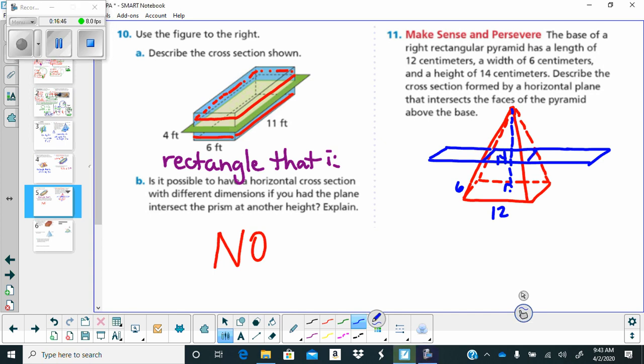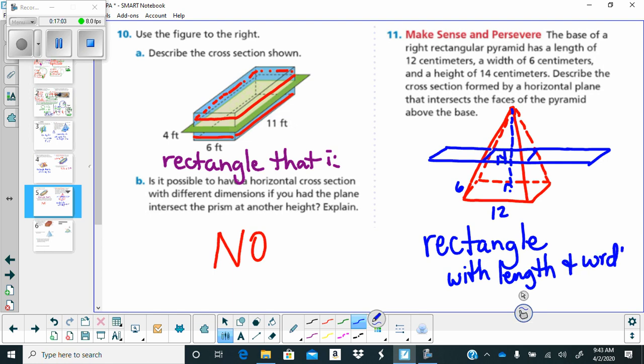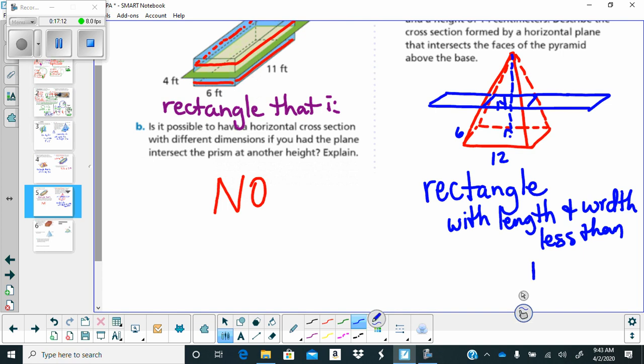So it would be a rectangle, just like the base is a rectangle. But if you wanted to be a little more specific, you could say it's a rectangle with length and width less than 12 by 6.